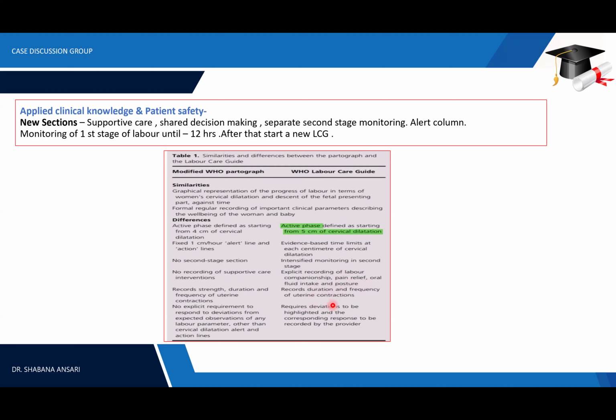Regarding the uterine contraction, we are measuring only the duration and frequency. There is no strength now, only duration and frequency. And another one is the alert column. So any deviation from the normal has to be highlighted, and then it has to be managed accordingly. Okay.